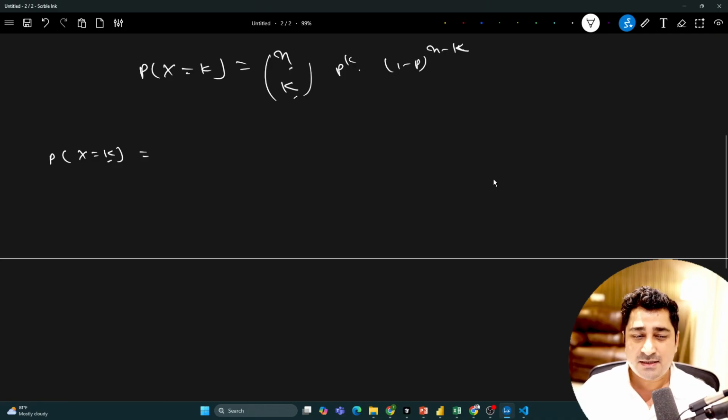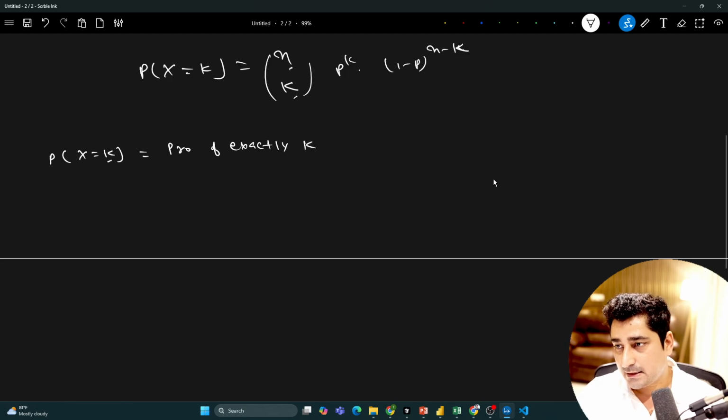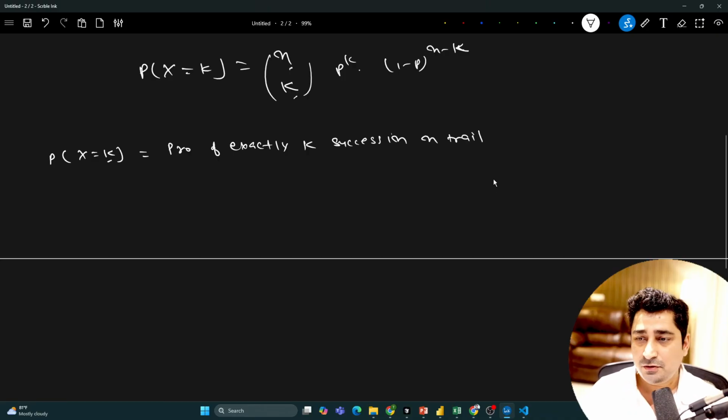That is the representation of k here. So it is the probability of exactly k successes in n trials.